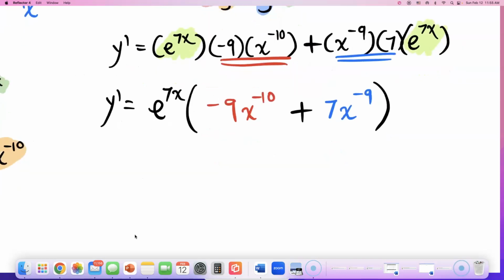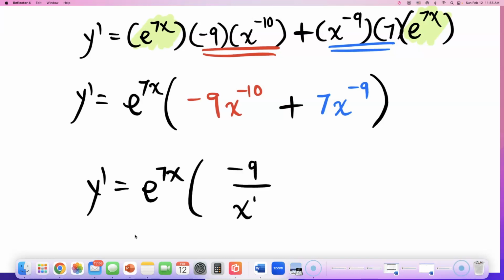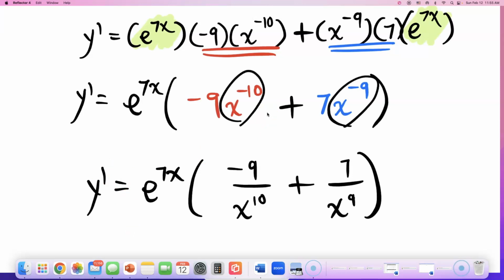But you can factor out more x's there too, right? I wouldn't really. I may just change it to something like negative 9 over x to the 10th plus 7 over x to the 9th. You see what I did was I put these x's back to the bottom of the fraction and made their exponents positive again.